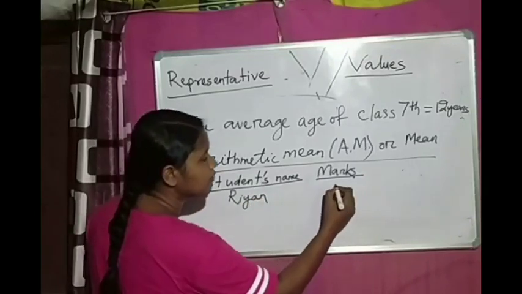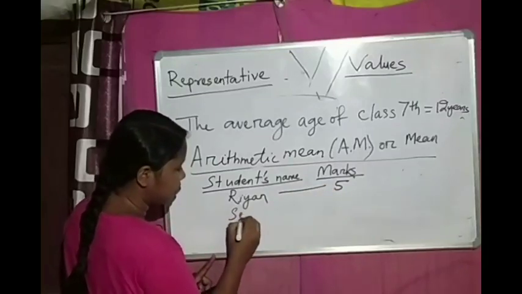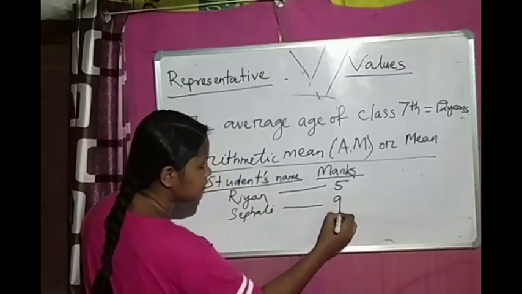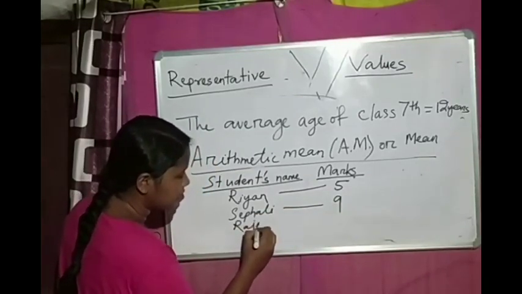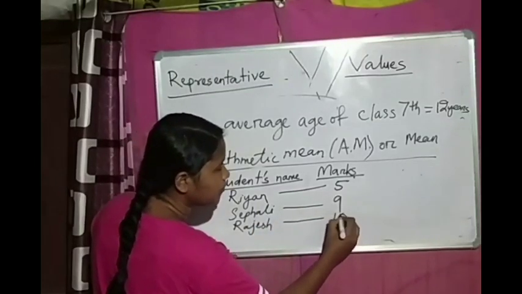Rian got 5 marks. Saif Ali got 9 marks. Rajesh got 10 marks.